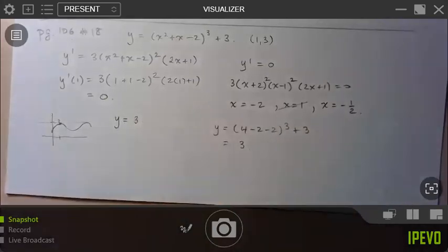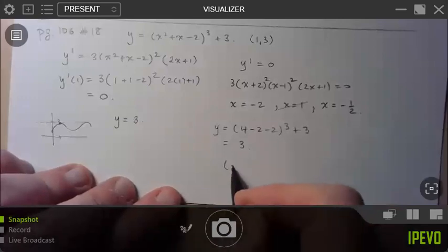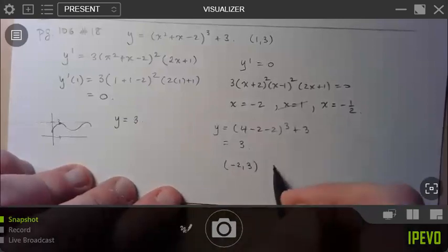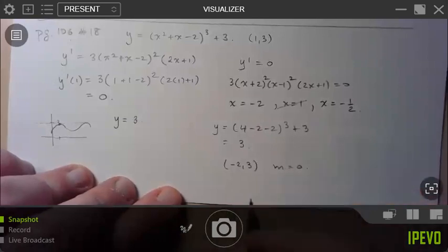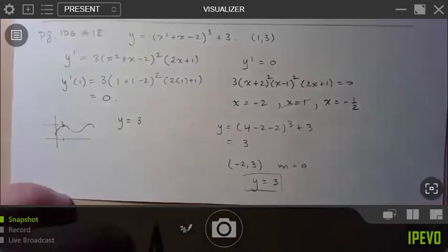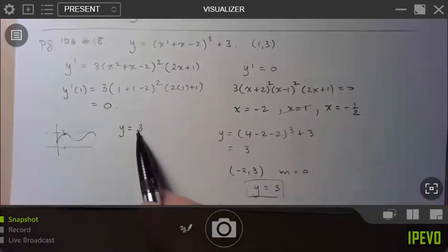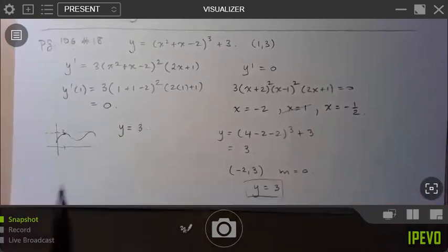And there you go. So this passes through (-2, 3) and has a slope of 0. Hence, the tangent line is again going to be y equals 3. So we've just proven what they asked us to prove, that there was another point that has y equals 3 as a tangent line. Okay.